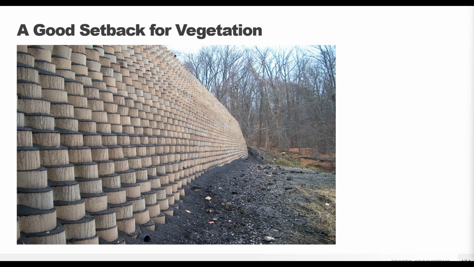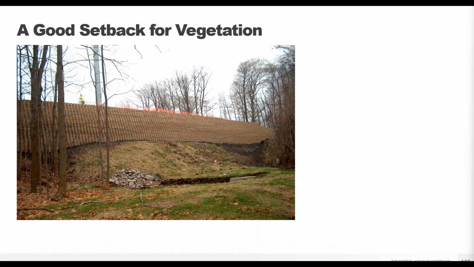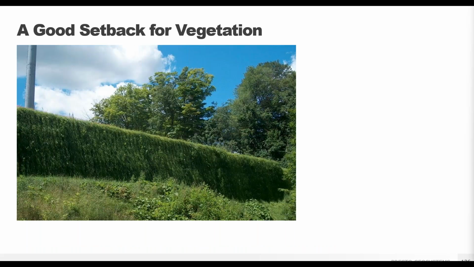Here we can see the wall structure is constructed with a slight setback to allow that topsoil fill in the front cells, and the wall can be seeded either by mixing the seeds in the soil before installation or by hydroseeding once your installation is complete. And then this turns into this.